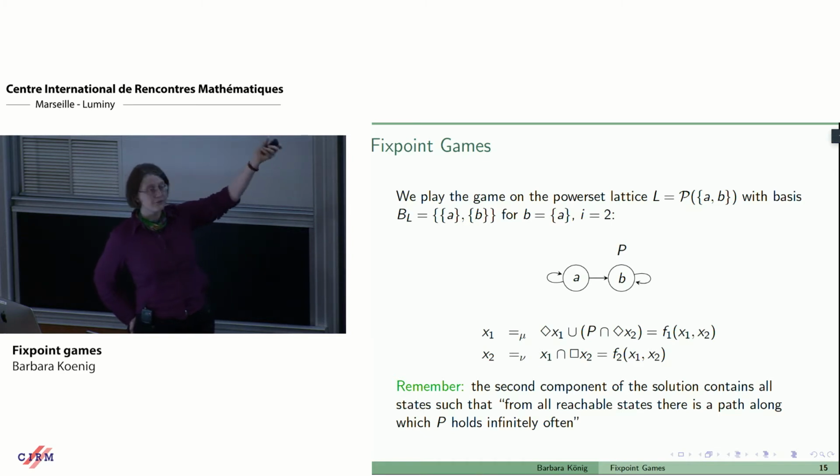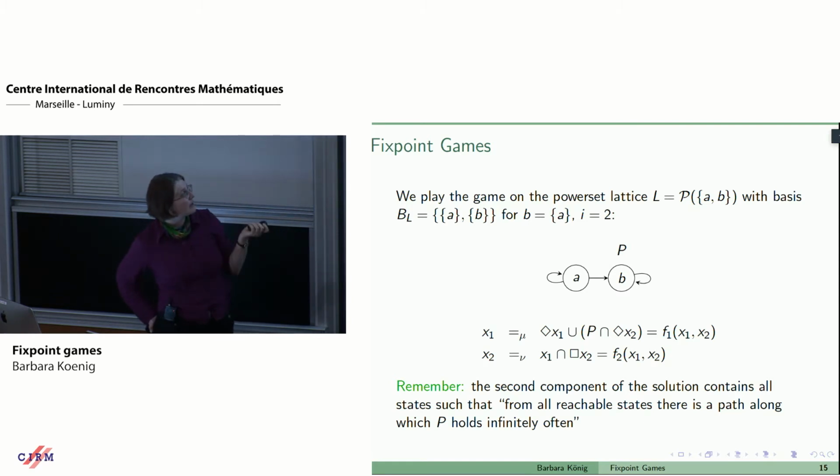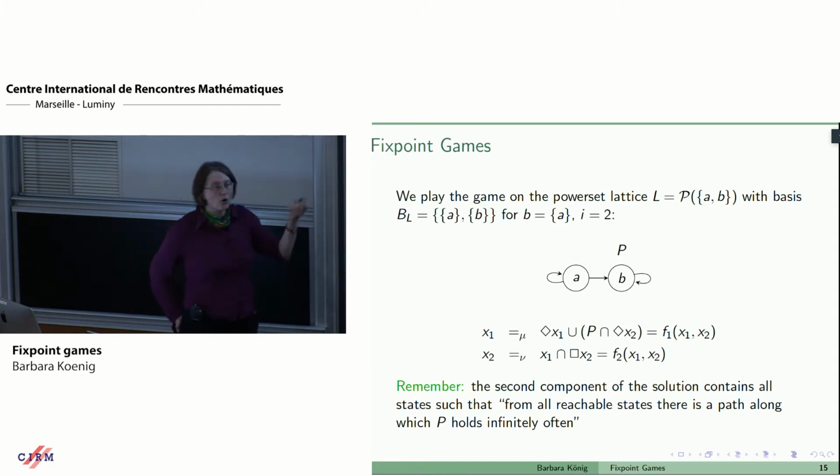This is exactly the equation system that we looked at before. Remember x2: the solution for x2 is all reachable states from which there's a path along which P holds infinitely often. This holds for all reachable states, because P holds infinitely often all the time here, and from here you can always reach this state. So both states satisfy this.